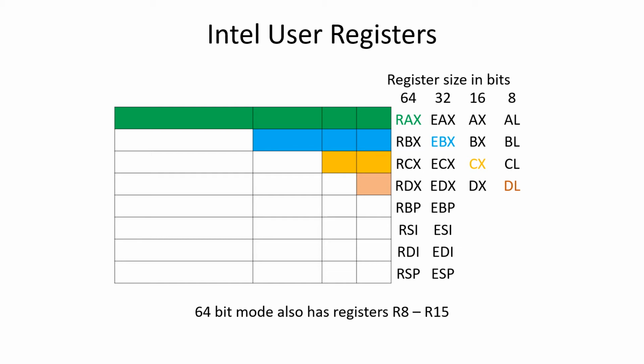When we got the 64-bit machines, they called it the RAX register. But it all refers to the same register, except when you say RAX, you mean the full size, all 64 bits. EAX refers to the lower 32 bits, AX refers to the lower 16 bits, and AL, or A lower, refers to the lowest or least significant 8 bits.